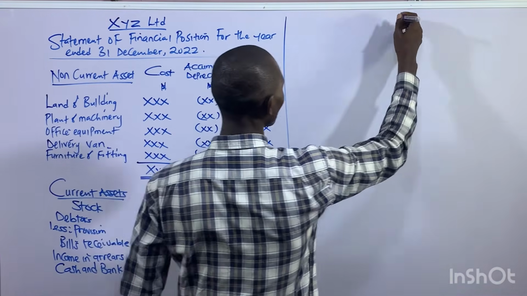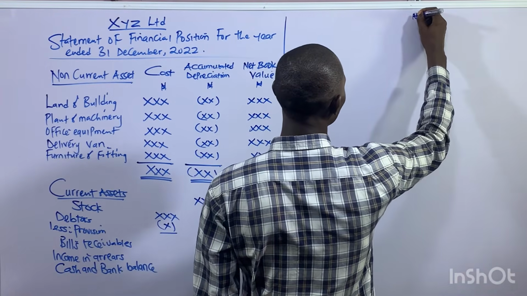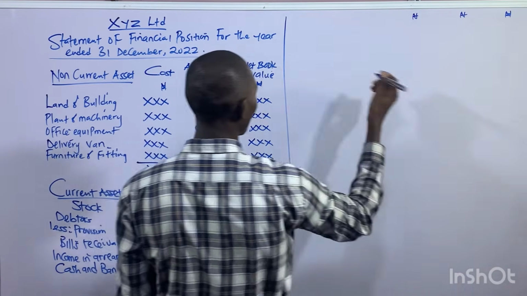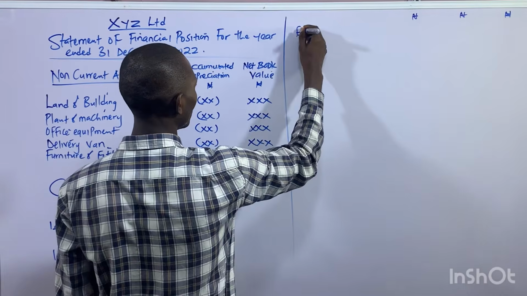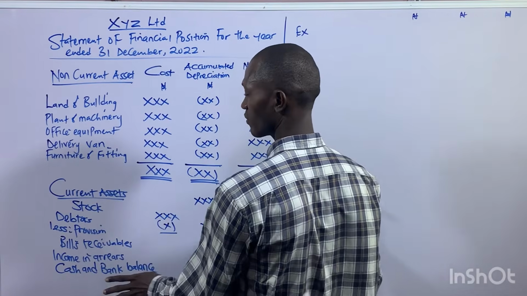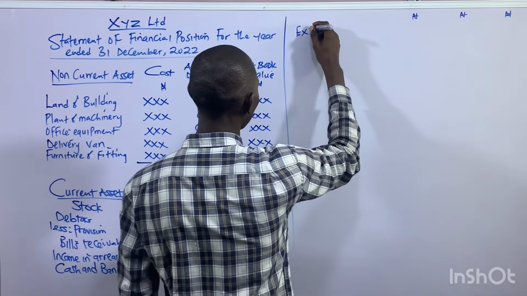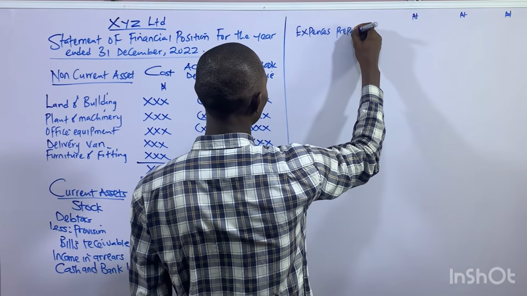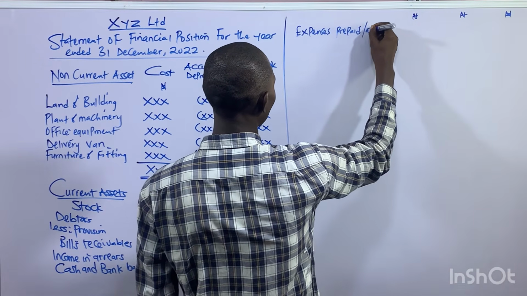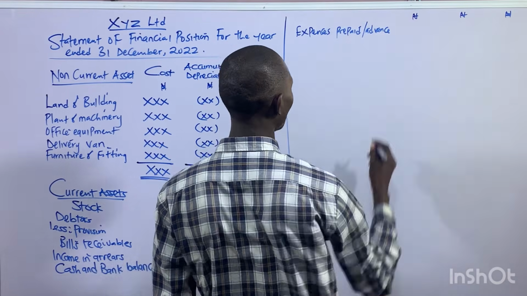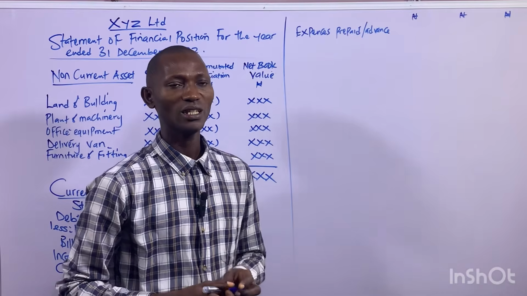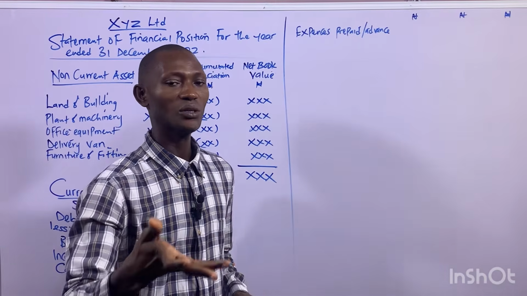So we have the first, the second, and the last column. Then we have expenses. We are still on components of current assets. So we have expenses prepaid or expenses in advance. Any form of expenses that is prepaid, that means the business is paying for that expense for the next accounting period.